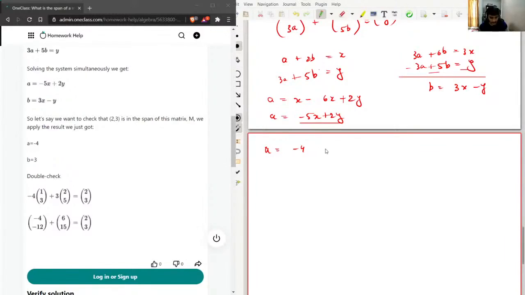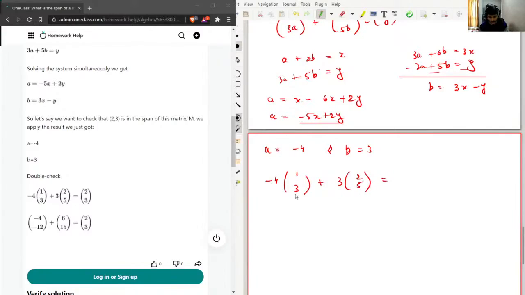So a is -4 and b is 3. We just go for that simple case. So this will be -4 times 1 3 plus 3 times 2 5, and I'll just calculate this.